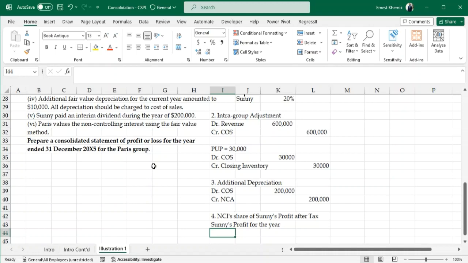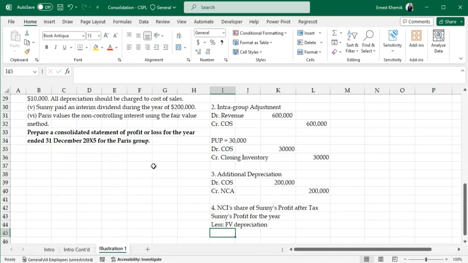So we'll have less any fair value depreciation which we have, and then we'll also less impairment.